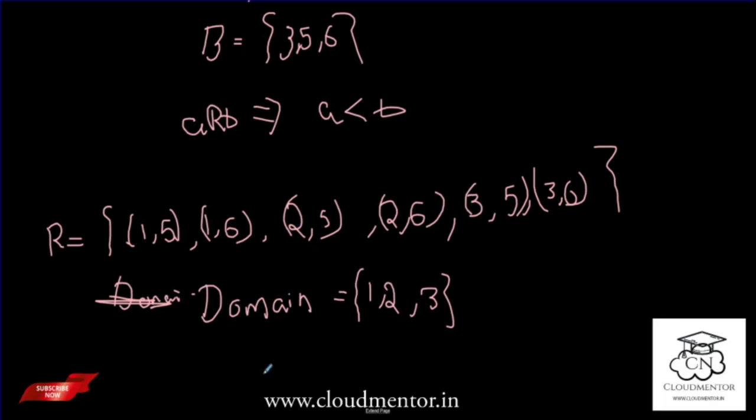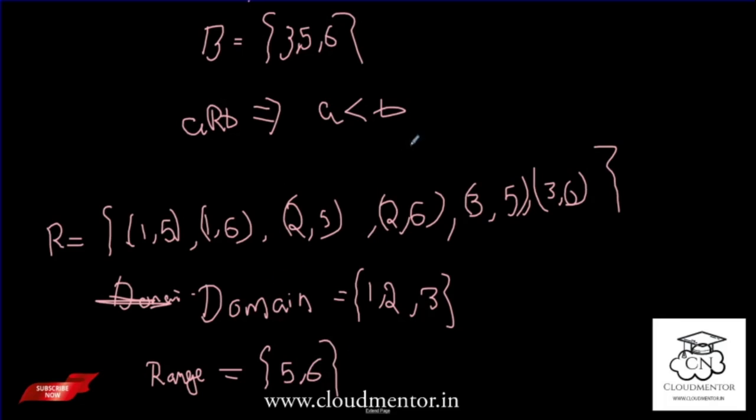And next we need to write the range. Range will be the second elements, that is b element of B. Range equal to the b element of B, that is the second elements, that is 5 and 6. So range is {5, 6}. And now what is the codomain of R?